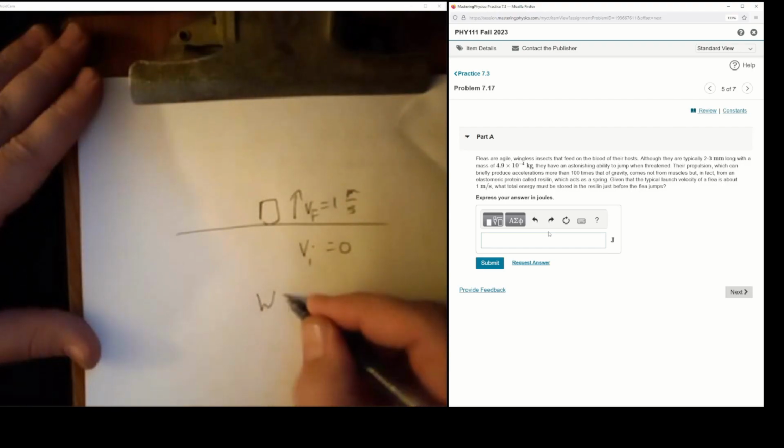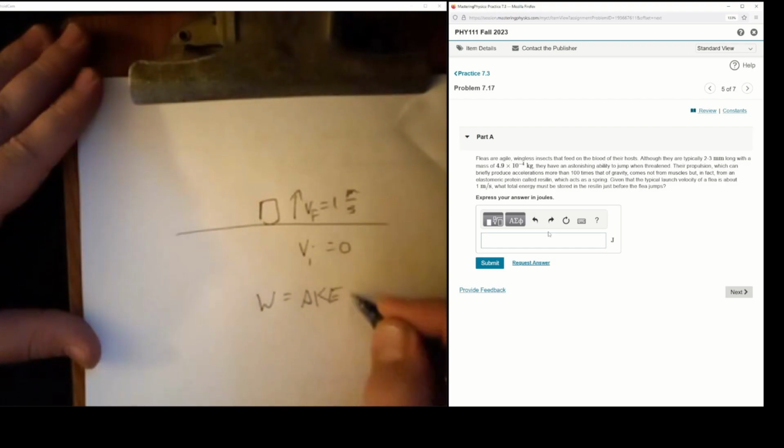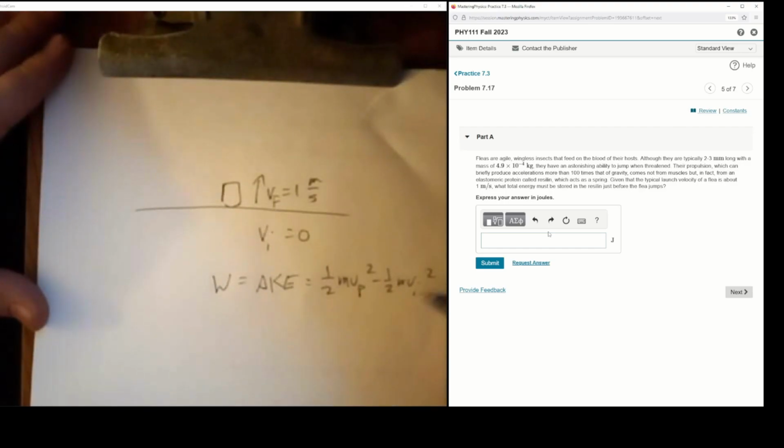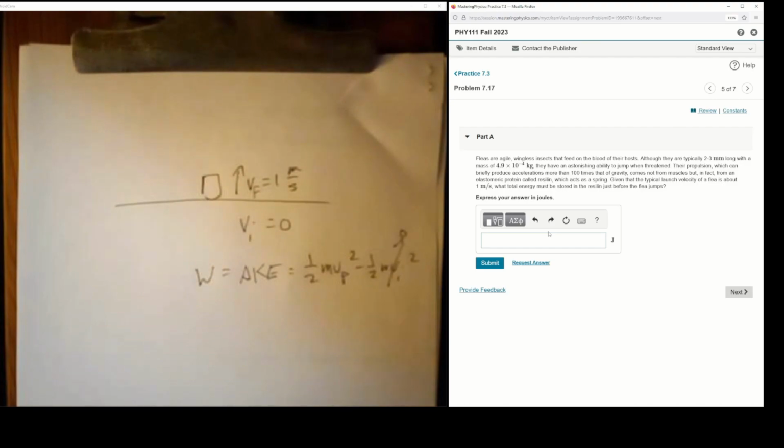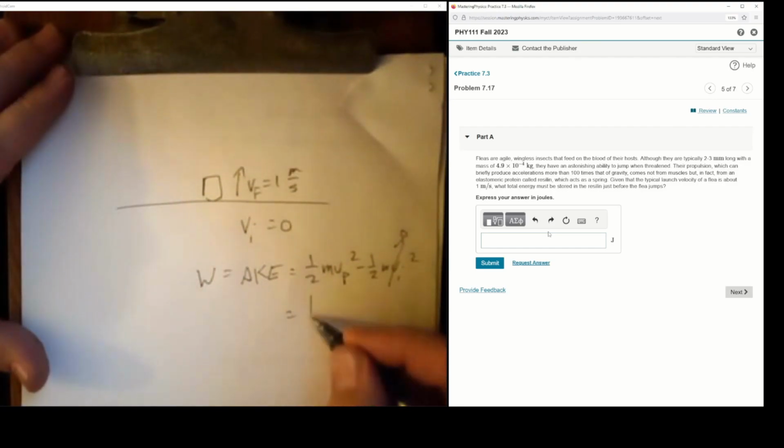So work is change in kinetic energy, final minus initial. The initial velocity is 0 because you start from rest. We're starting from rest, and then we're going to jump up. And so we'd have 1/2 m v final squared. And that's the work done.